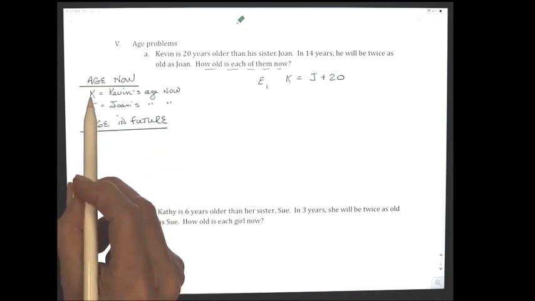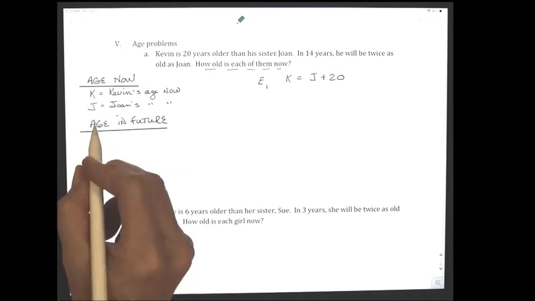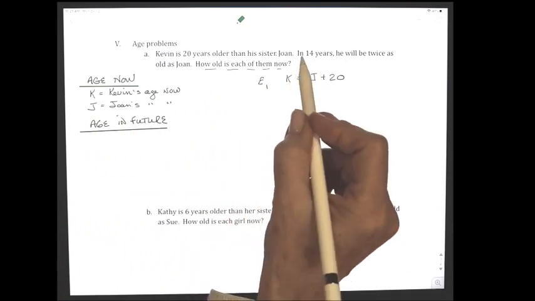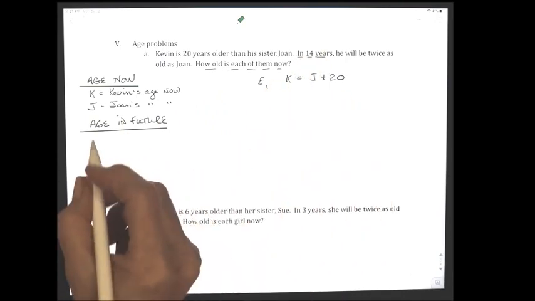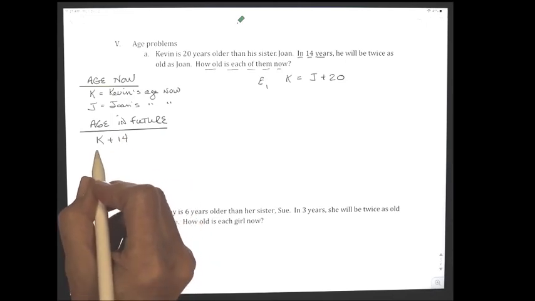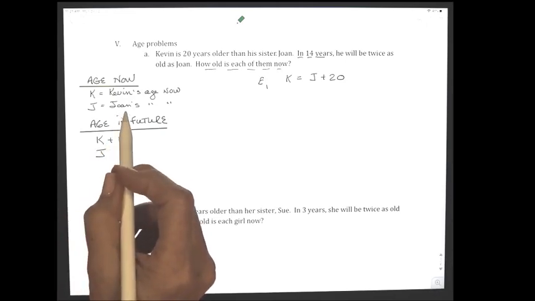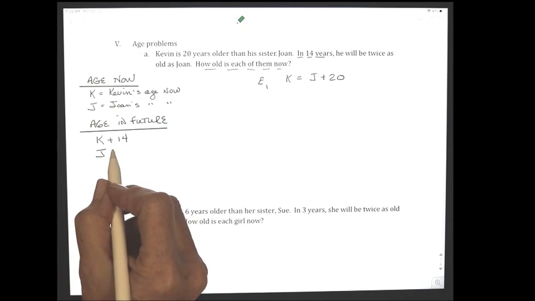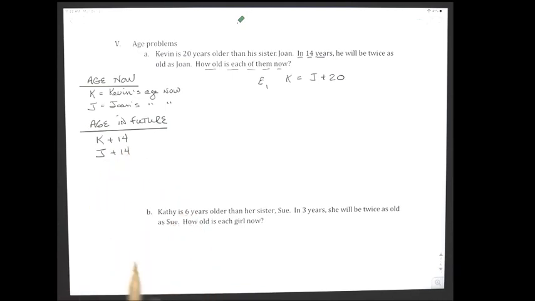If Kevin is currently K years old, then in 14 years, he will be his current age plus 14. And the same with Joan. If she is J years old now, in 14 years, she will be J plus 14. So you just take their current ages and add 14 on to each one, and that's what their age is going to be in the future.